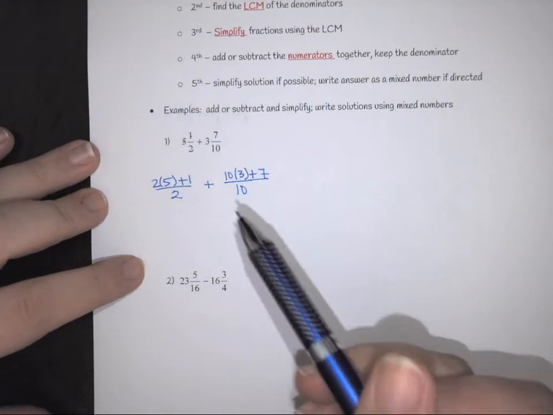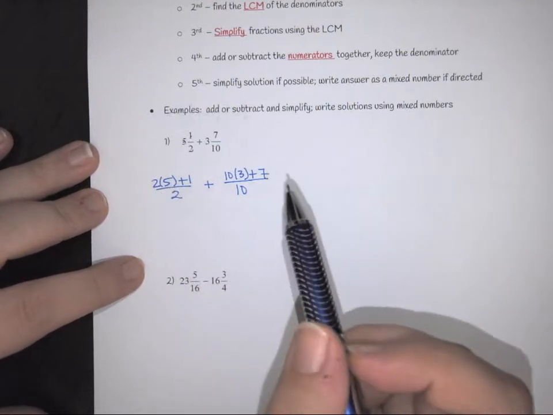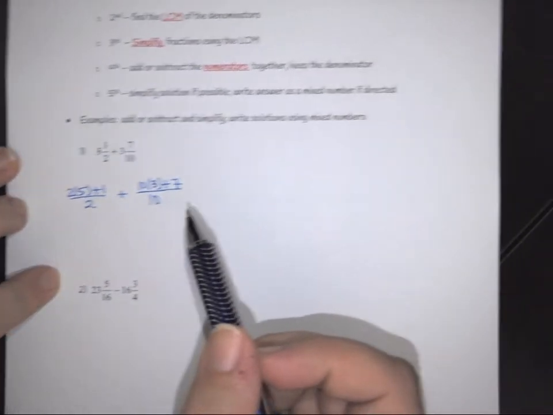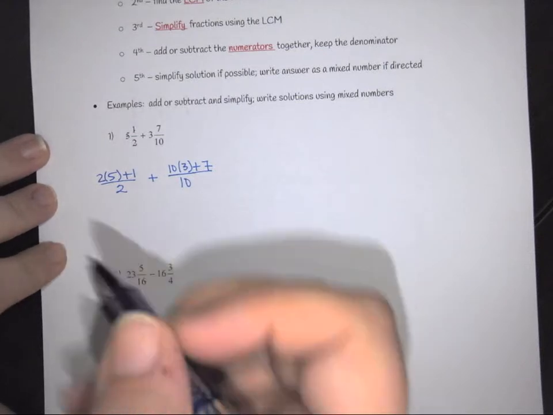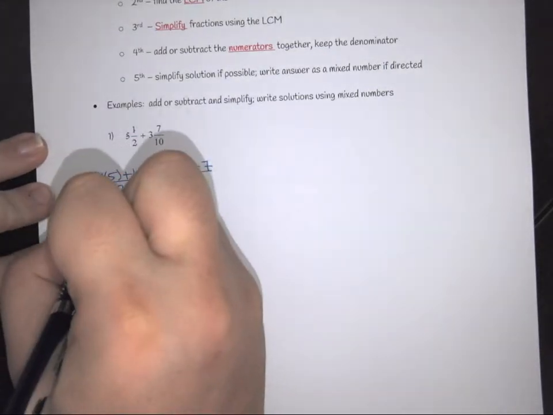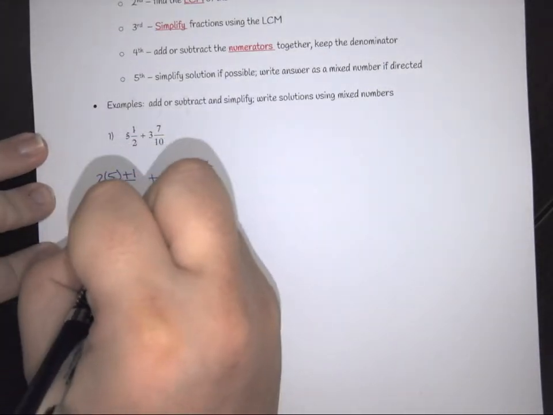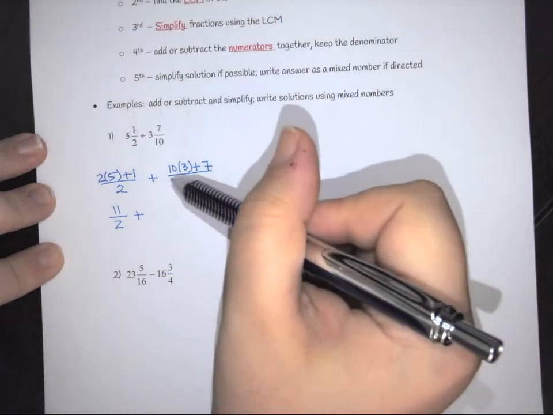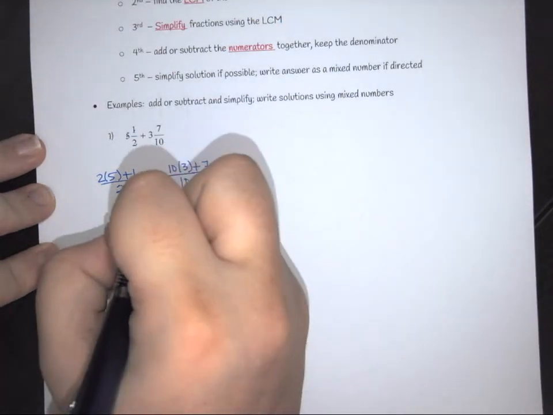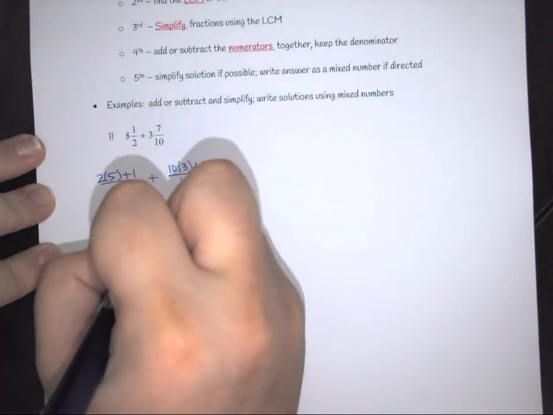So I have 2 times 5 is 10 plus 1 is 11. So this is going to be 11 over 2 plus, and then I have 10 times 3 plus 7 gives me 37 over 10.